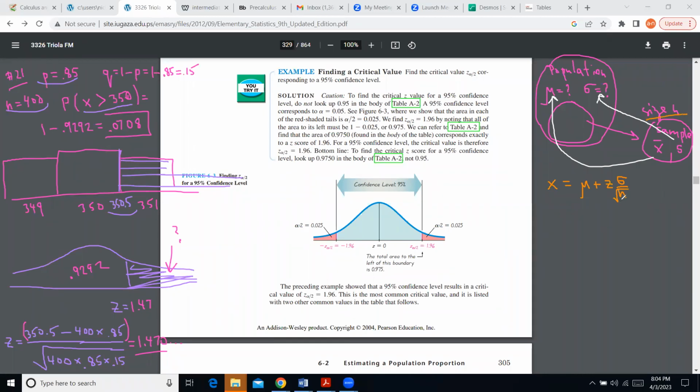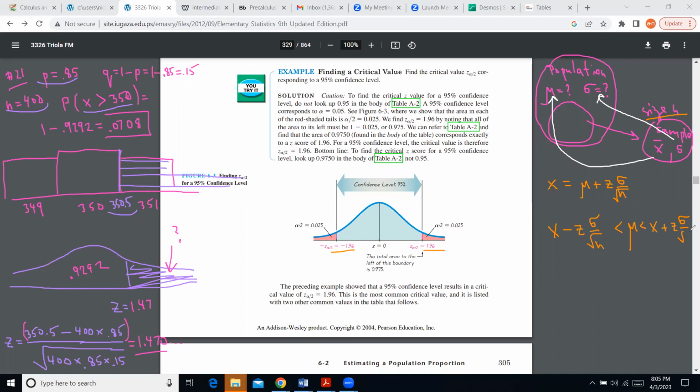Well, it turns out you can bring that stuff to the other side. So you can have x minus z times sigma over the square root of n, and that's going to estimate our population mean. And what they're discussing is that your z-scores may be one negative and the other positive. In other words, you get a so-called interval where your estimate deals with a negative z-score on one side and a positive z-score on the other side.